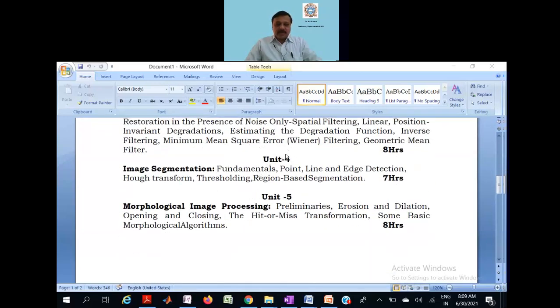Okay. So we are into unit 4, which is image segmentation. Of course, we discussed some fundamentals about what we mean by image segmentation, and what the different methods of segmentation are. Then how we can detect an isolated point, how we can detect a line in an image, how we can detect the edges in the image, and perform some thresholding operation, and then how we can use region-based segmentation.